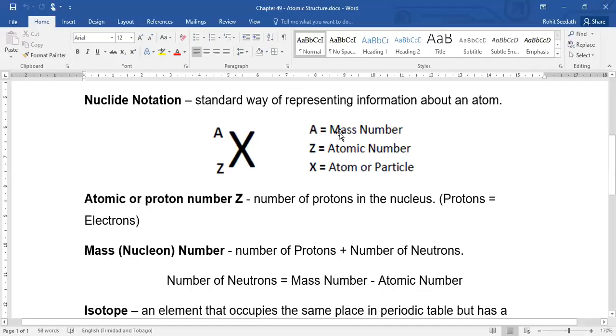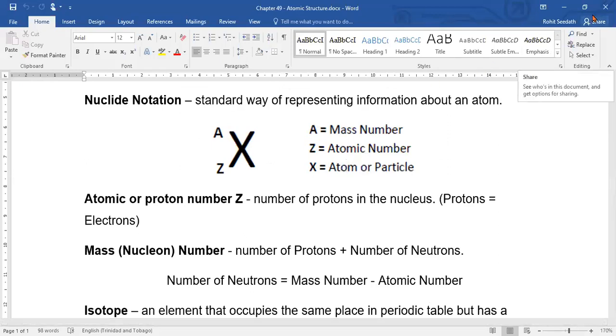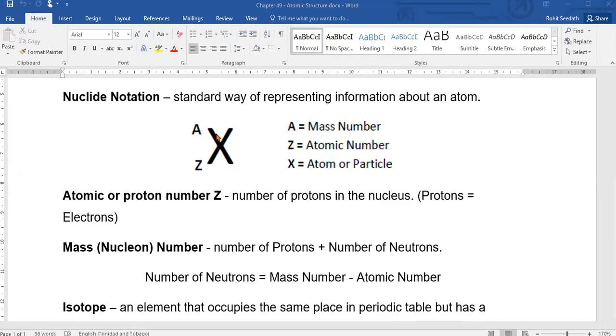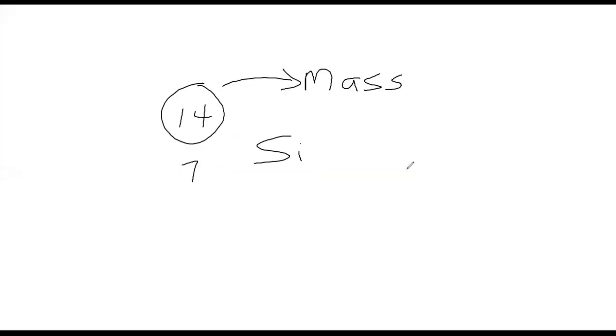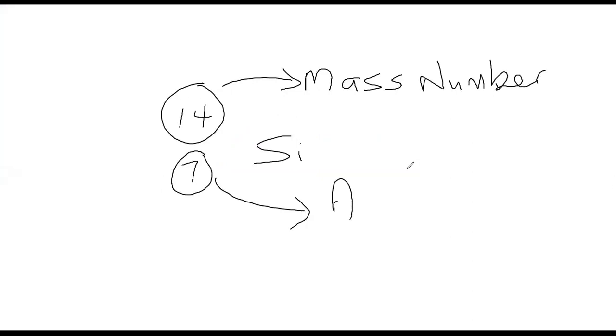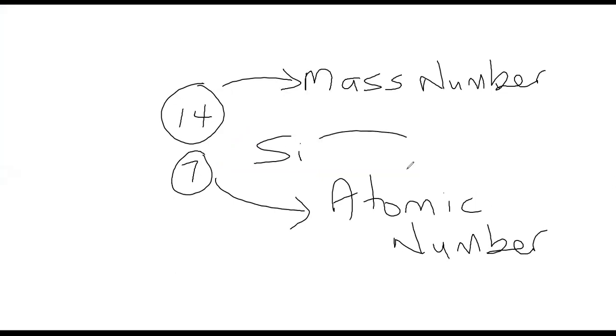Your top number is your mass number. Your bottom number is your atomic number. So here is your mass number, here is your atomic number, and here is the chemical symbol.